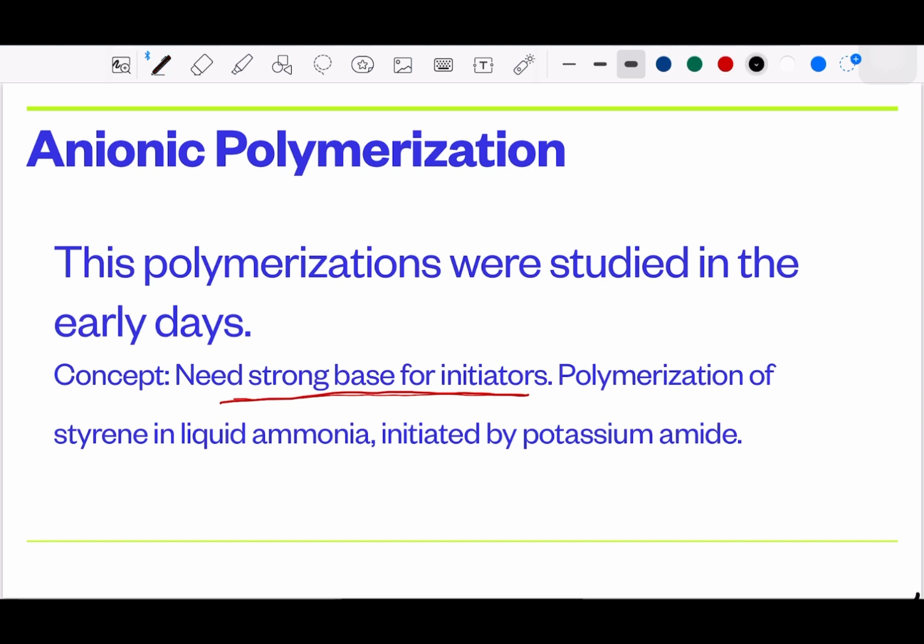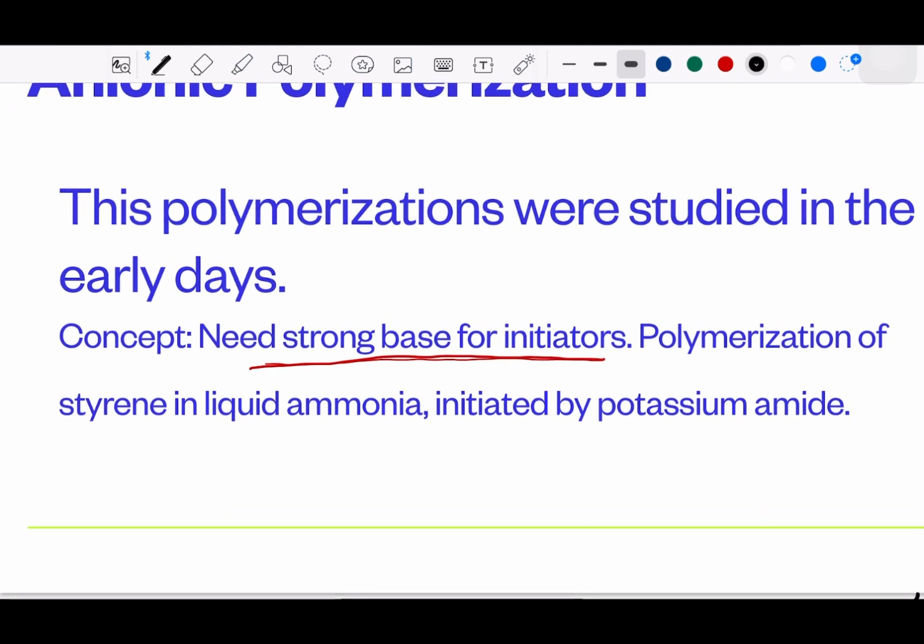First, in initiation, we usually use potassium amide, KNH2. We can dissociate this, so we have positive and negative, right?